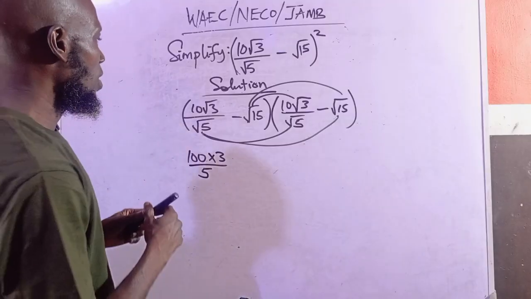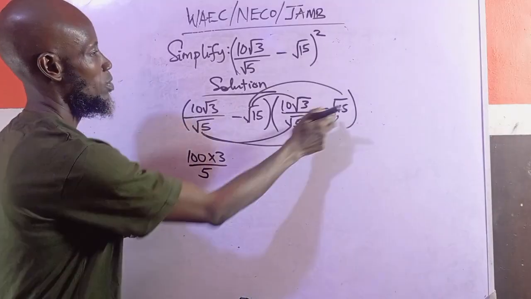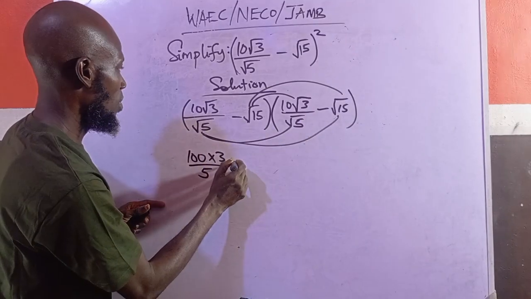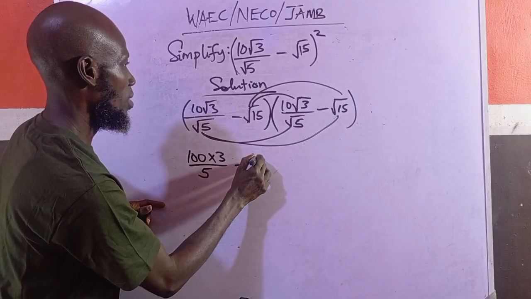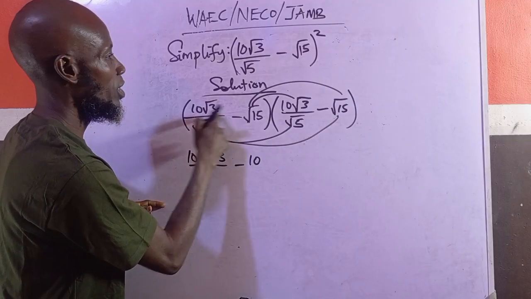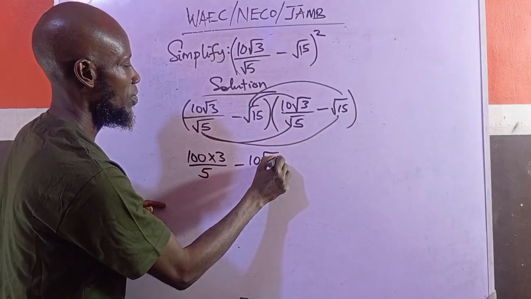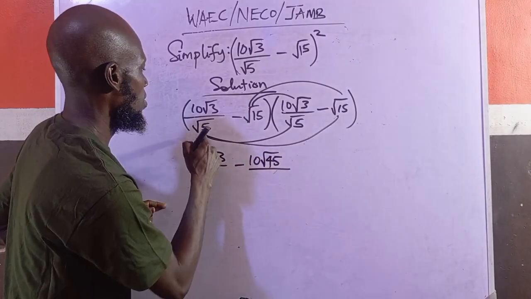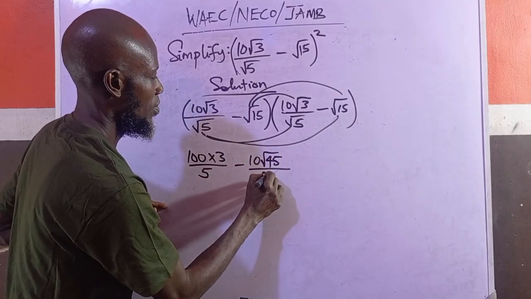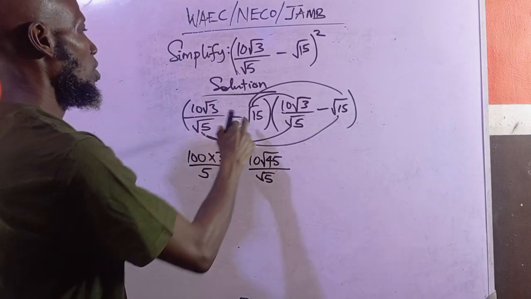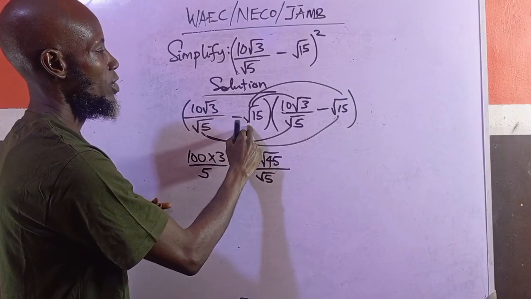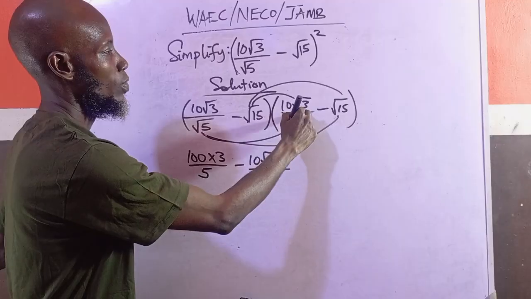And then the next thing, we use this to multiply this. So we have minus 10 root 3 times root 15, that will give us root 45 all over root 5. And then for this, we have minus root 15 times 10 root 3.